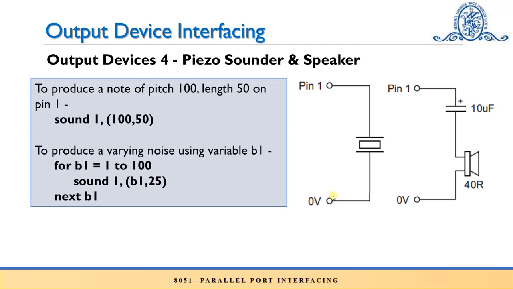And to produce a varying noise using a variable b1, I can write a simple program: for b1 = 1 to 100, sound 1, (b1, 25), next b1. The pitch is b1 and the length is 25. So you can increment, and then different tones can be generated by using the piezo sounder.